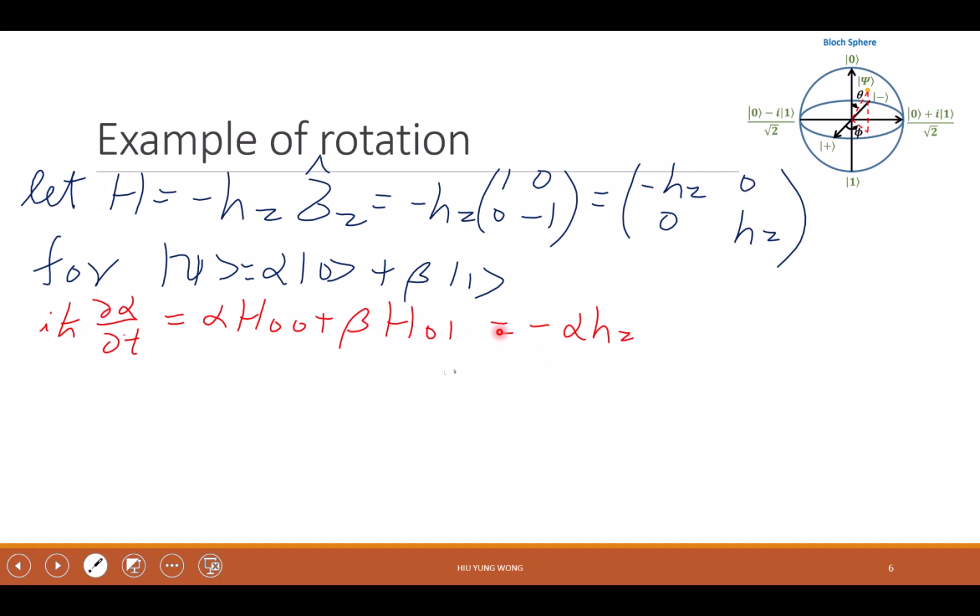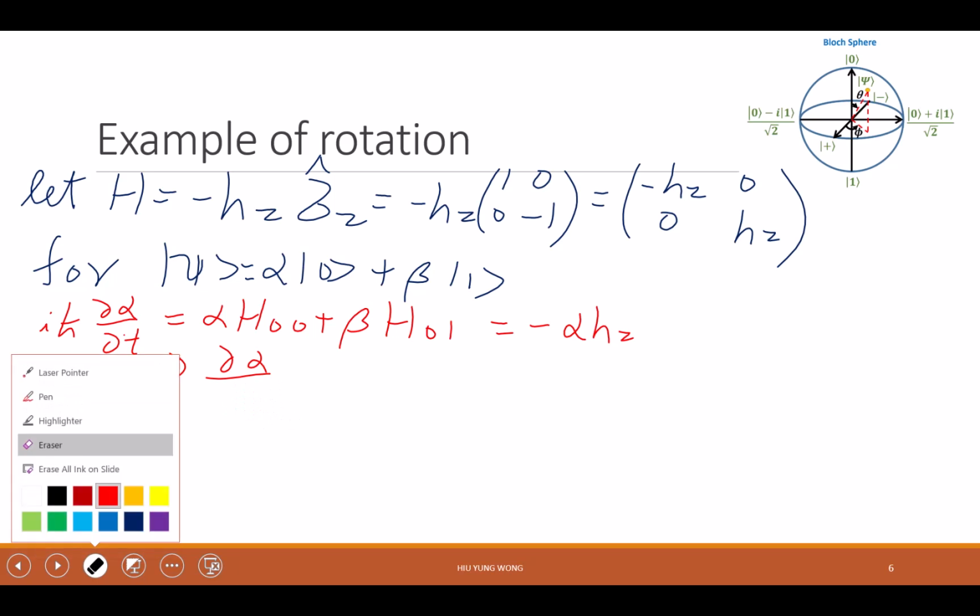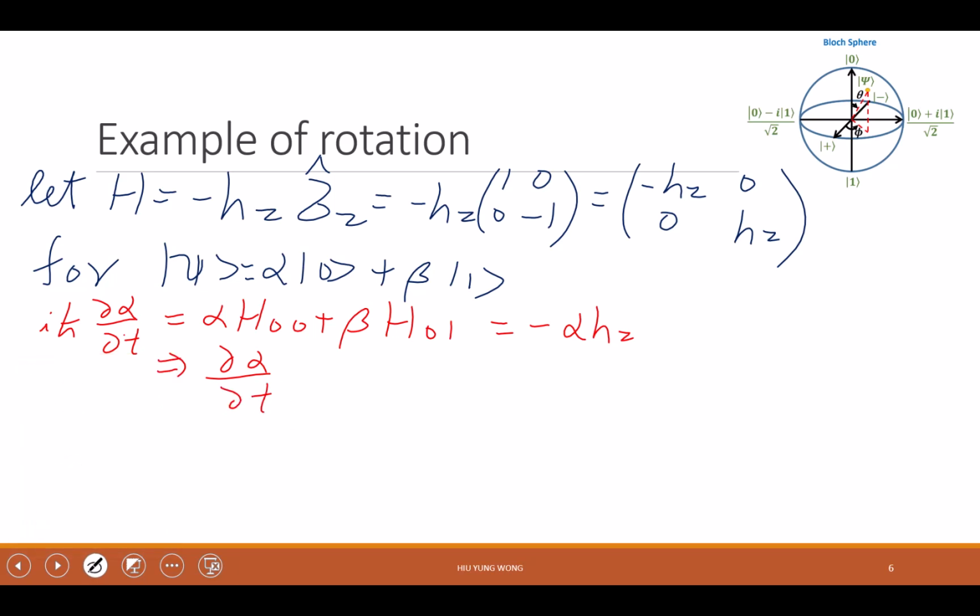Then it becomes a very simple differential equation. What do we get? Partial alpha partial t equals negative 1 over I h bar, and I put hc here and then alpha. I just put I h bar to the bottom and I have negative hc alpha.